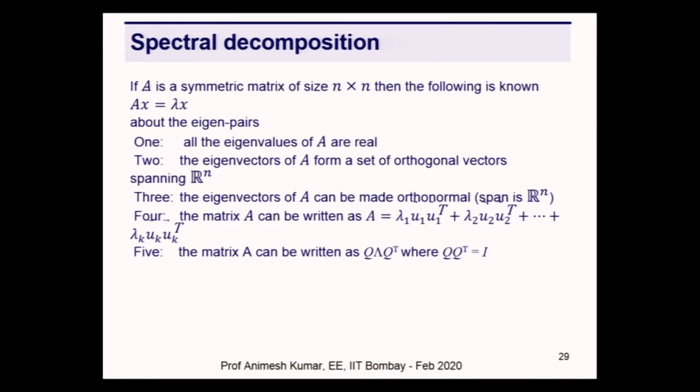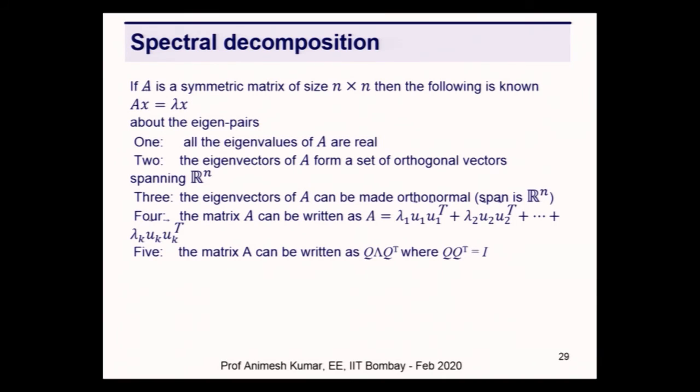The other thing that we know is that the eigenvectors of A will form a set of orthogonal vectors. So not only do we know that all the eigenvalues of A are real, we also know that its eigenvectors are going to be orthogonal if they correspond to different eigenvalues of A. So if I have, let's say, n distinct eigenvalues, then I will have n distinct orthogonal eigenvectors.